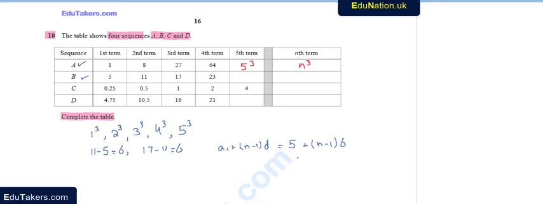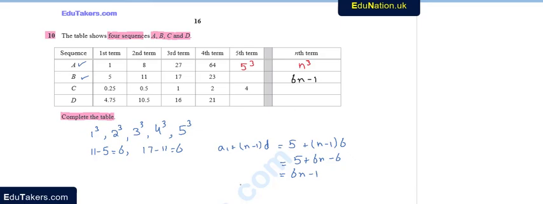Now this is equal to 5 plus 6n minus 6, which is equal to 6n minus 1. So this is 6n minus 1, and by using this we can find its fifth term.